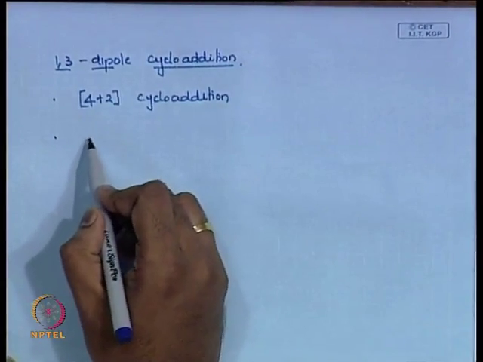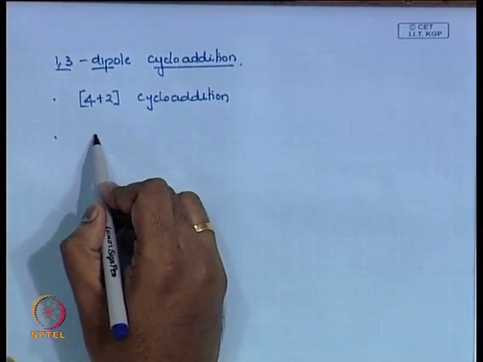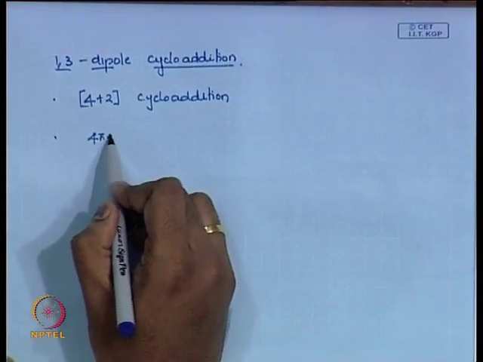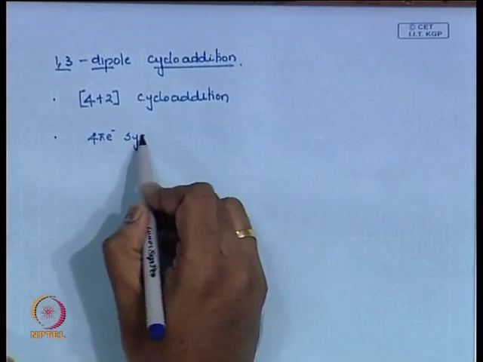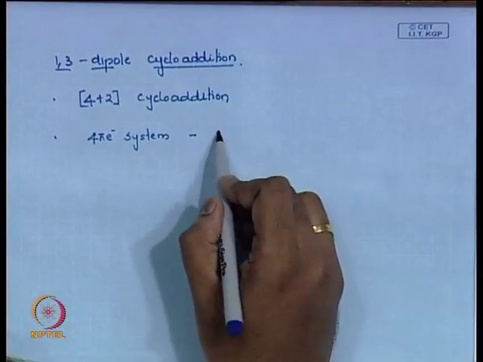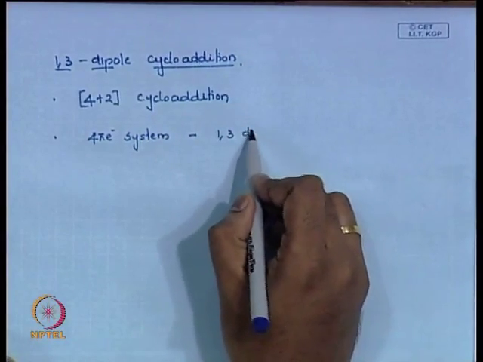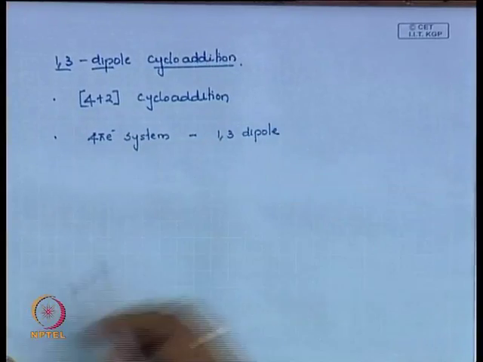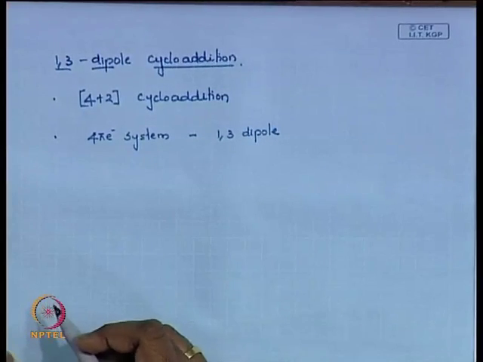The second point is that your 4 pi electron system, you call it the 1,3 dipole, which is similar to your diene.